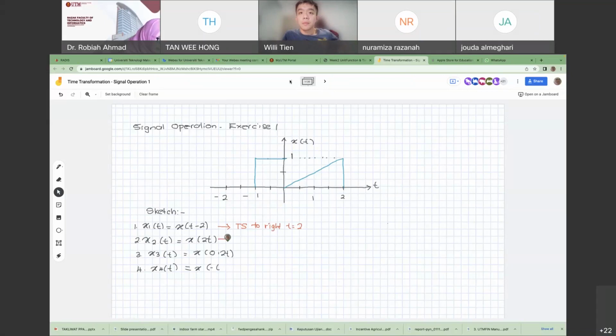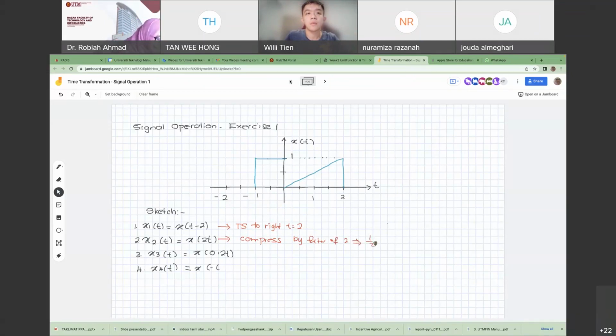The scaling, and then because the value is more than 1, so compress. Okay, compress by factor of 2. Ataupun bila kita kata compress, dia half lah.